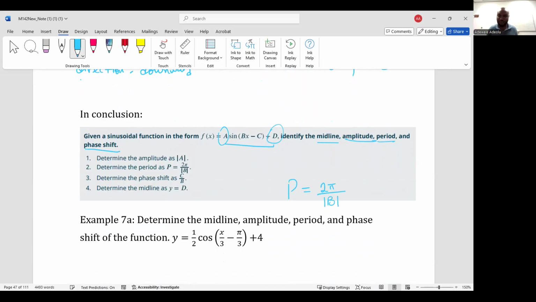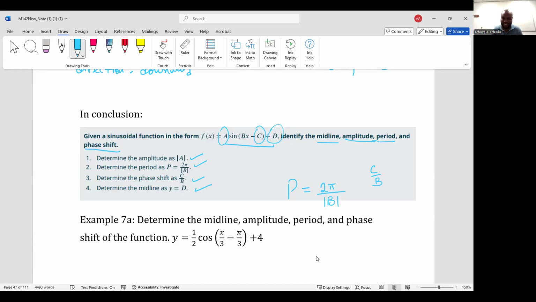And the phase shift, well, we know the phase shift is here, but we need to be careful. Phase shift is c over b. We need to pull that b out. So in general, the absolute value of a is the amplitude. The period, I talked about it. Phase shift, I talked about it. And midline, y equals d.